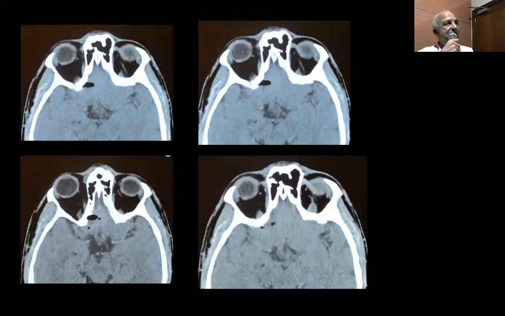Because as you know, the sphenoid sinus has an intimate relationship with a lot of important structures, such as the cavernous sinus, the carotid artery, the optic chiasm, the supraorbital fissure, and a lot of other structures. Okay, and what can happen?